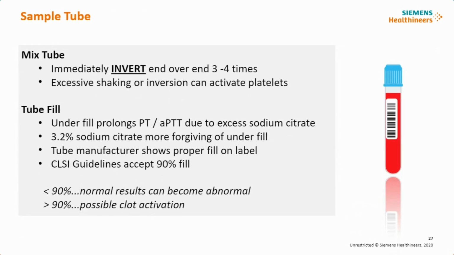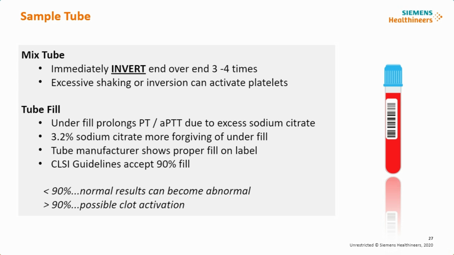I talked about mixing the tube, and this is a really important statement. Upon blood draw and upon putting the blood into the sodium citrate tube, immediately invert gently, end over end, about 3 to 4 times. I have seen in the past, when blood has been taken from me and a coag test is needed, they would draw the blood and do this excessive shaking of sorts and then put it into the container tube, not in the most elegant way.